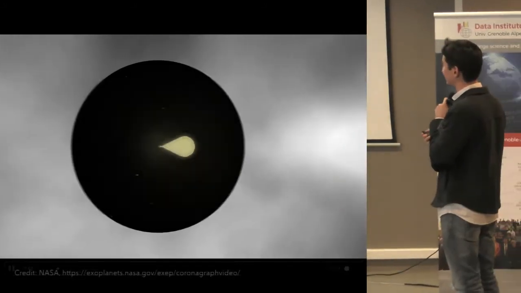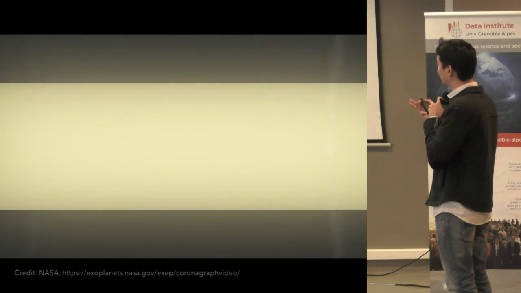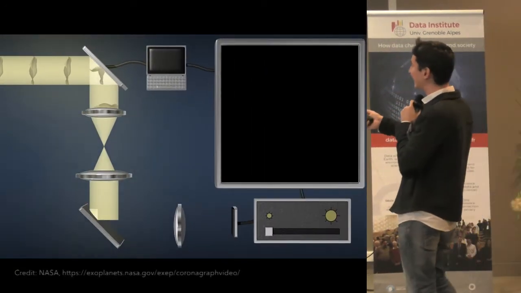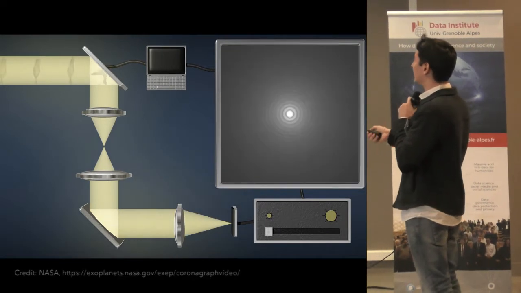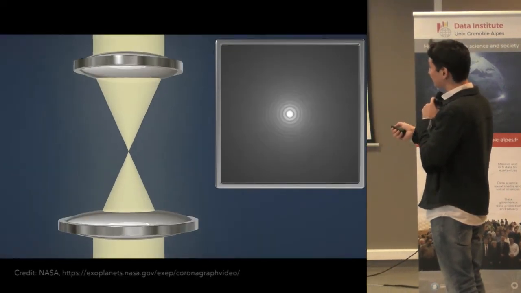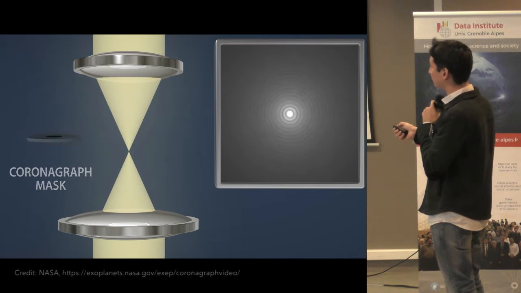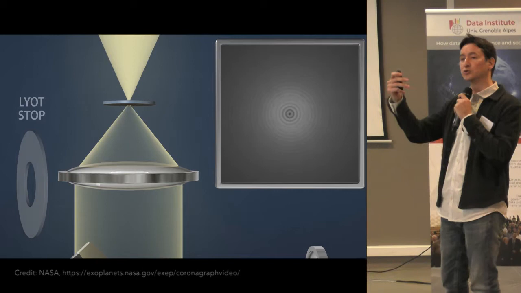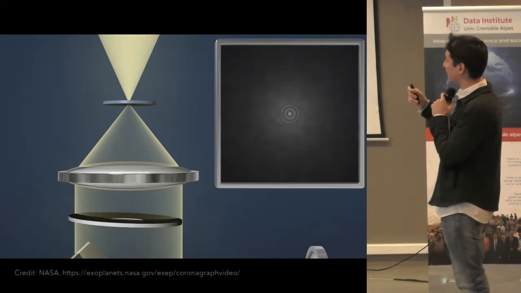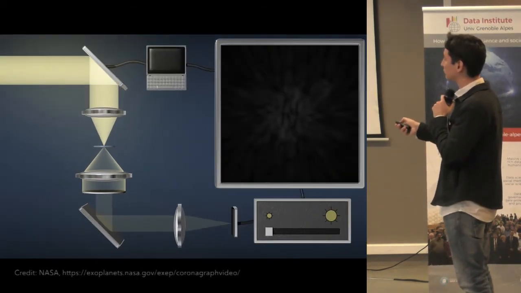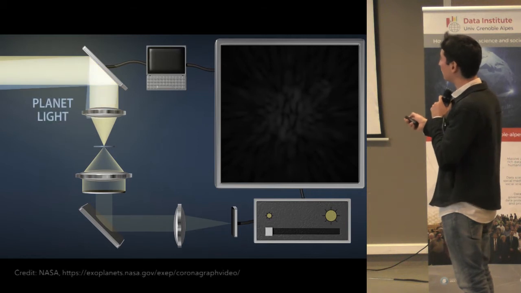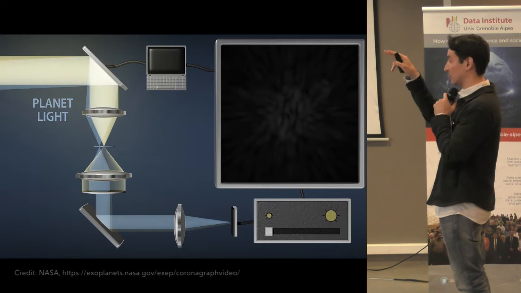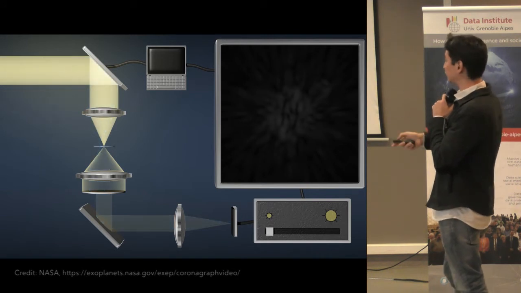This is a nice animation of what's happening when the light enters our telescope, and which type of optical devices we put in the optical path to try to block or dim the light from the parent star. We put something called a coronagraph to block most of the on-axis light, which is the star that we are pointing to.